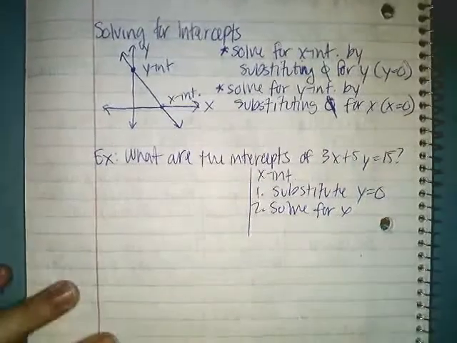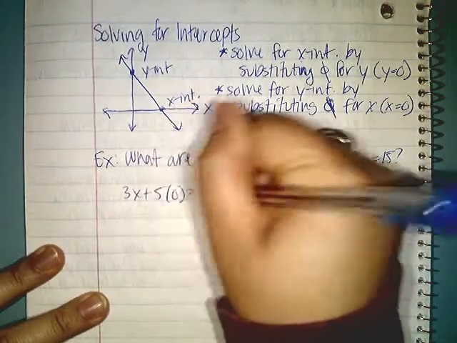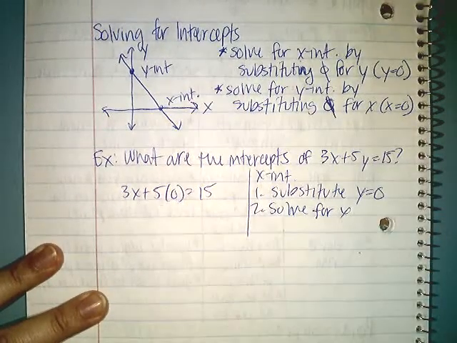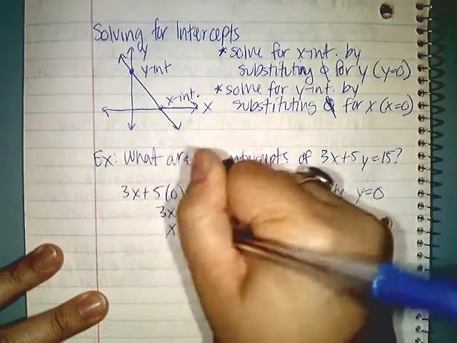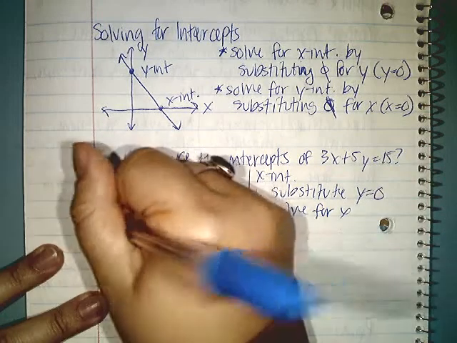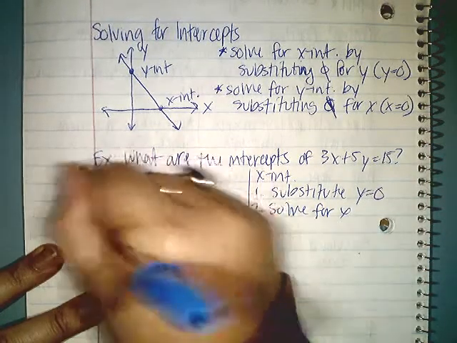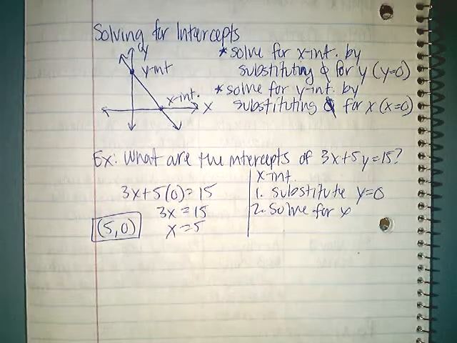So if I substitute 0 for y, I get 3x plus 5 times 0 equals 15. 5 times 0 is just 0, so I have 3x equals 15, x equals 5, so my x-intercept would be 5, 0. Since I plugged in 0 for y, I know I just solved for x.